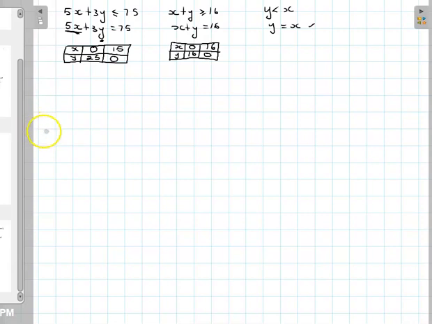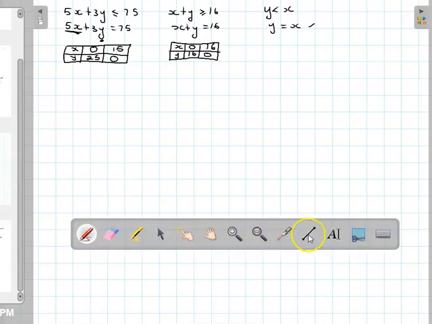Right, and then now we need to draw our straight lines. We can see that maximum, our y goes up to 25 and our x goes up to 16. So we'll see what we'll do.